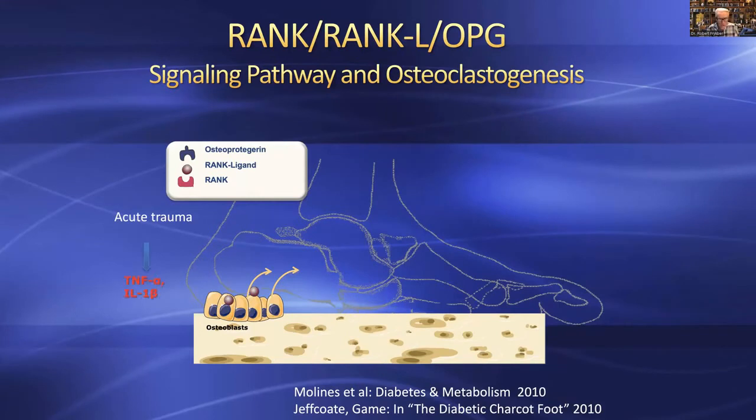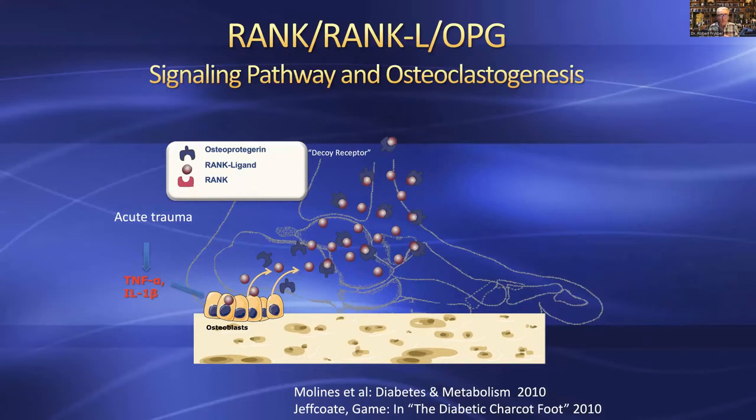I think it bears repeating that we at least understand the RANKL OPG axis here, and I'll try to explain it as best I can. We have that neuropathic patient, acute trauma, leading to an upregulation of pro-inflammatory cytokines, tumor necrosis factor alpha, interleukin-1 beta, leading to an upregulation of RANKL, receptor activator for nuclear factor kappa beta ligand, as we can see here.